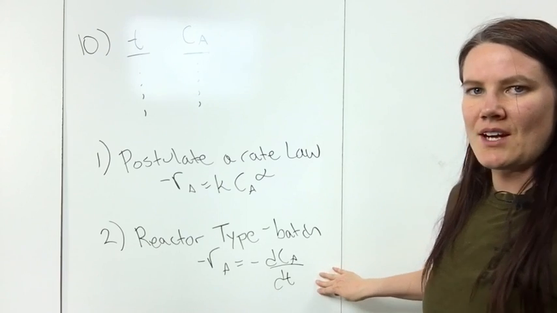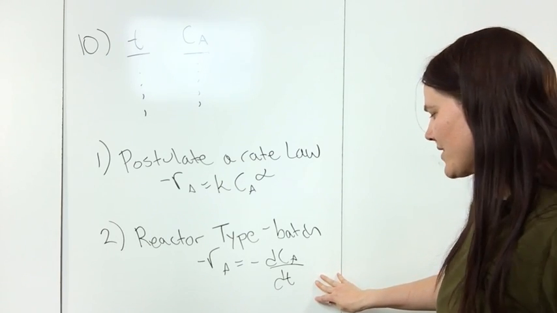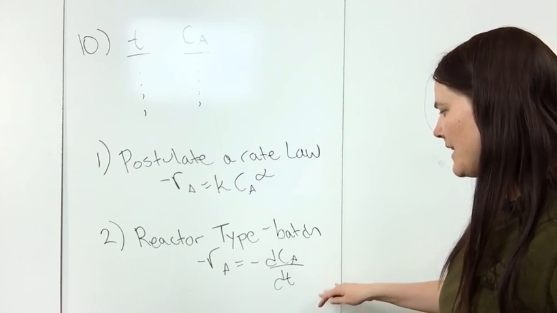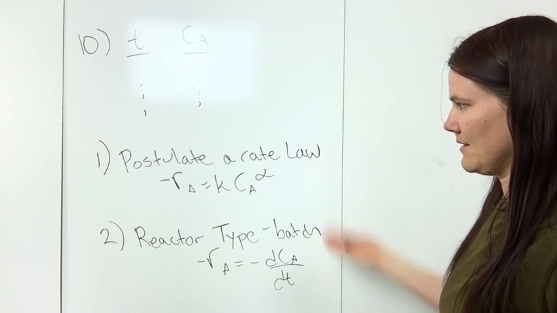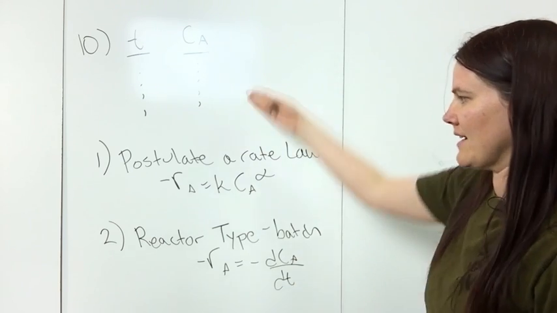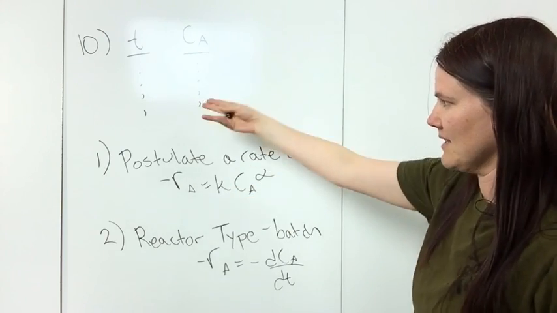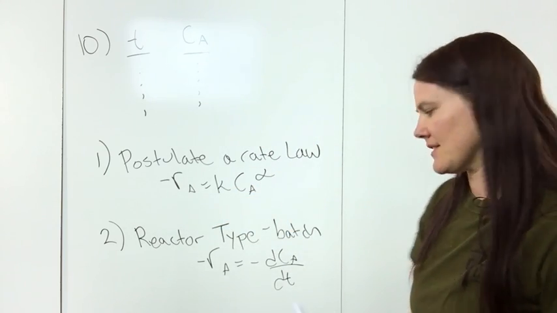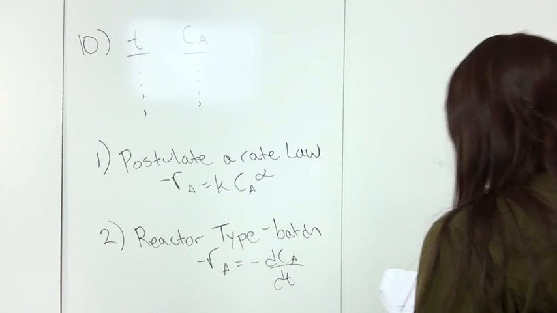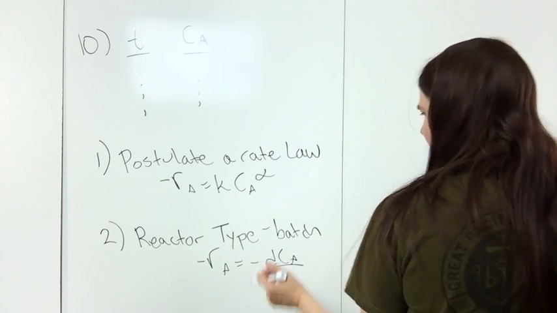You haven't talked about a differential reactor yet. I don't know if he's going to, but that's the other type of reactor you could have, where you would run experiments and tabulate data and then calculate K and alpha. So anyway, then you can combine these.